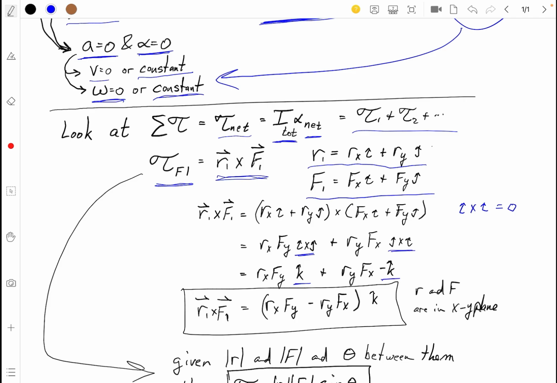So they're anti-commutative, whatever that means. Rx Fy minus Ry Fx is your result in the k hat direction. And because I didn't put any numbers in like we did last time, you can insert your own numbers. Maybe this one's bigger than this one, and then you have negative k hat direction. That could happen.